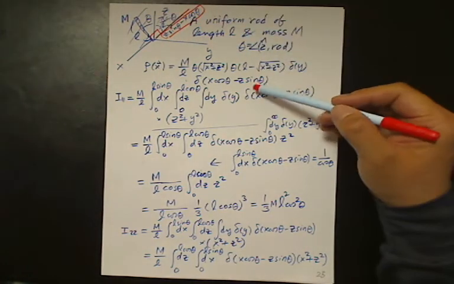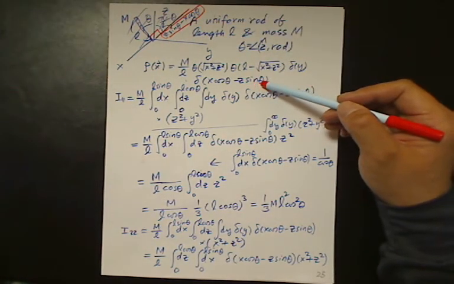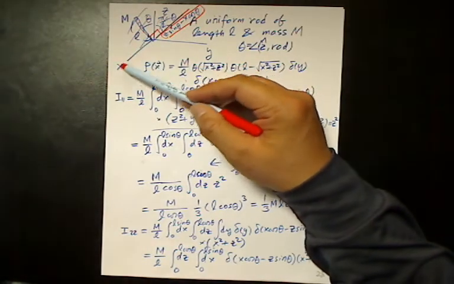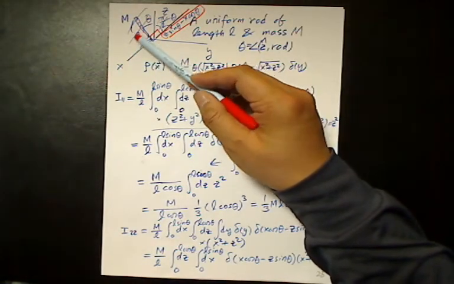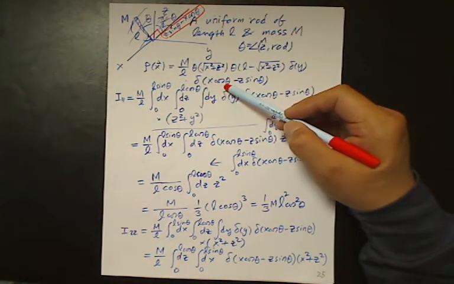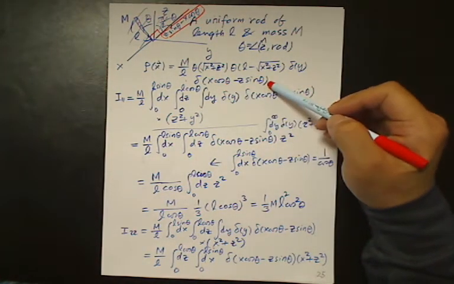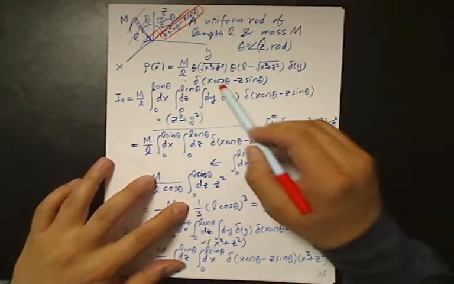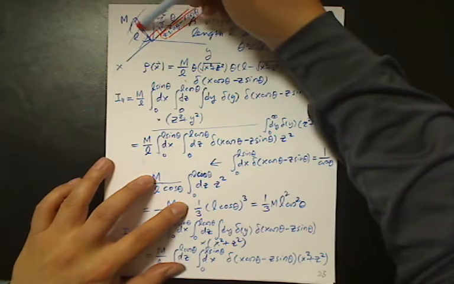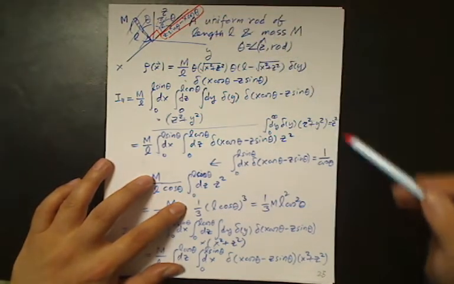That's the reason why I have multiplied sine theta in here. And the directional cosine to the x-axis will be sine theta, so that's the reason why we multiplied cosine here and subtracted. Then this argument equals 0 is the equation of this straight line.